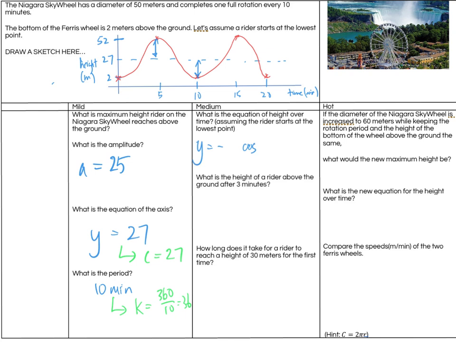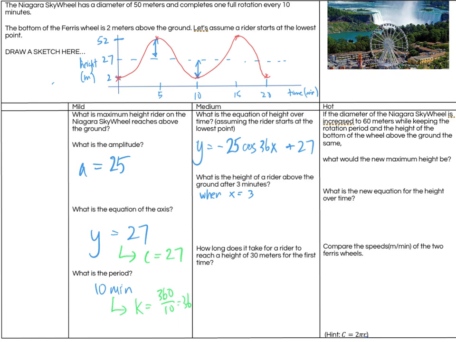So since I'm using y equals negative cos, my amplitude is 25. I'm going to put the 25 in front of the cos. My k value is 36x. And then I'm going to add the equation of the axis at the end, so plus 27. My final equation then would be y equals negative 25 cos 36x plus 27.